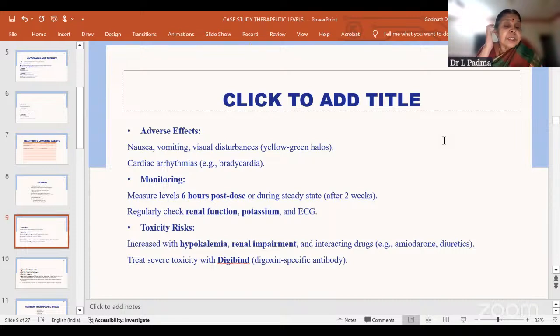In cardiac toxicity, we do have both atrial and ventricular, both bradyarrhythmias as well as tachyarrhythmias. For atrial tachyarrhythmias, as I told you, the heart rate lowering agents are the main ones which are used. In bradyarrhythmias, most of the times we use atropine, and nowadays we are using glycopyrrolate.